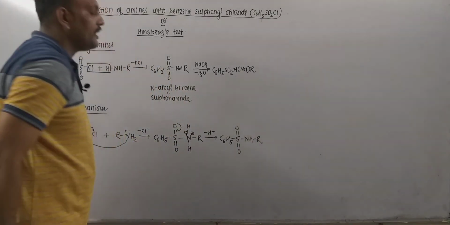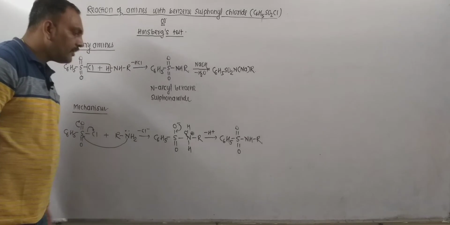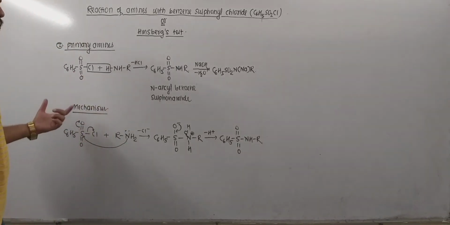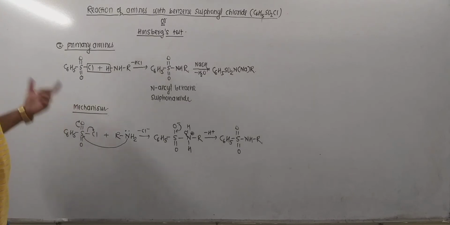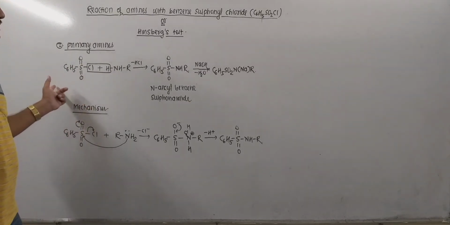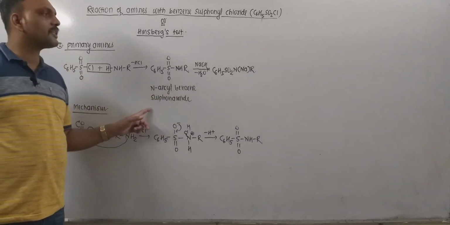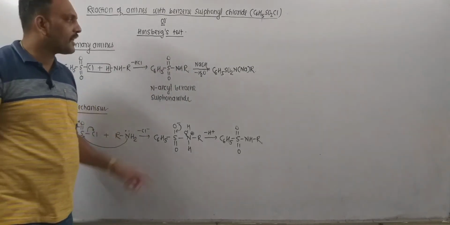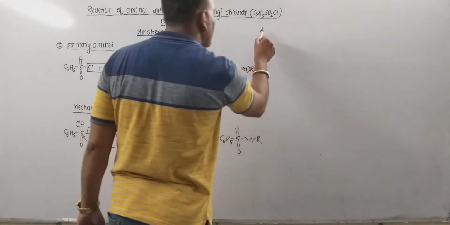So this is N-alkyl benzene sulfonamide. In this way it is formed when we treat primary amines with benzene sulfonyl chloride. So the bottom line is, primary amines react with Hinsberg's reagent producing N-alkyl benzene sulfonamide, which is soluble in NaOH due to the presence of acidic hydrogen on nitrogen.